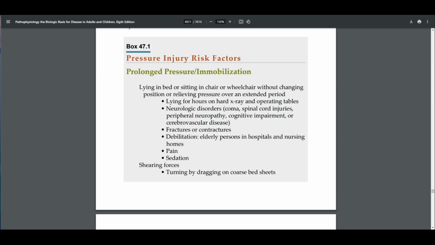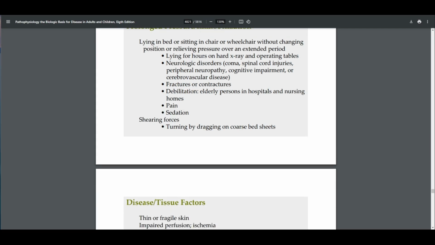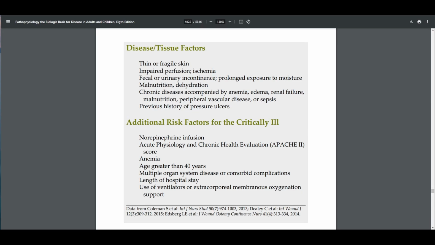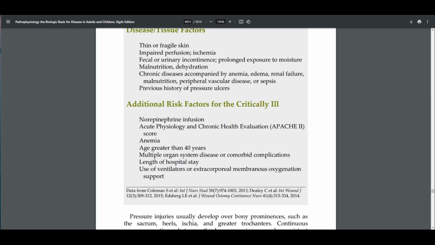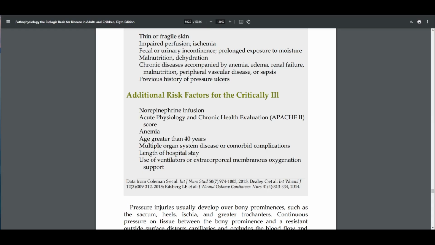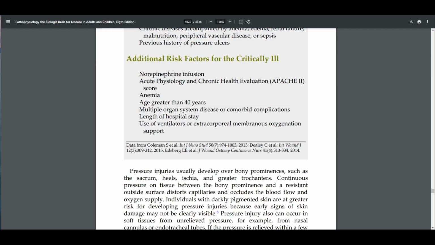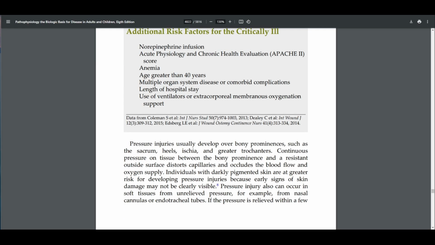So anyone who's a nurse is very familiar with pressure injuries. Unfortunately, for anyone who is not a nurse, these are good spots to hit pause. Pressure injuries usually develop over bony prominences, such as the sacrum, heels, ischia, and greater trochanters.